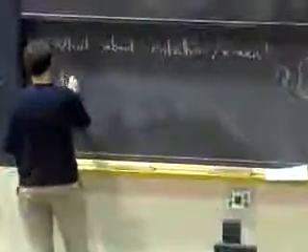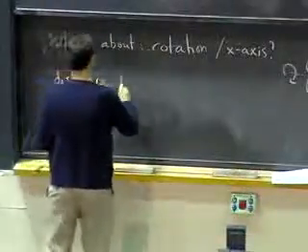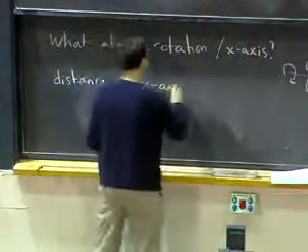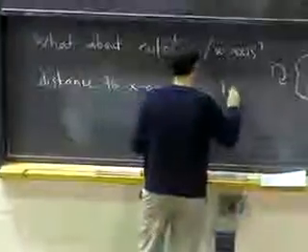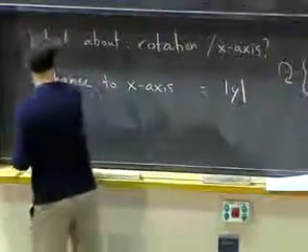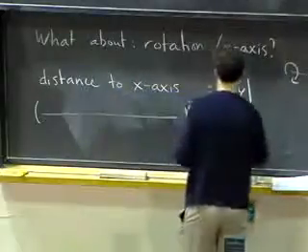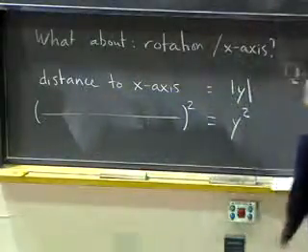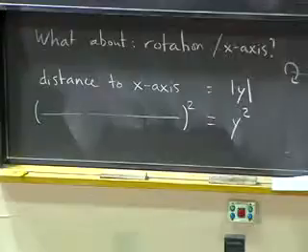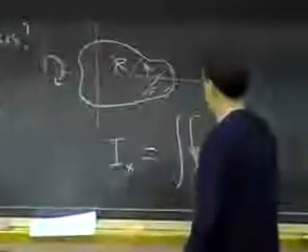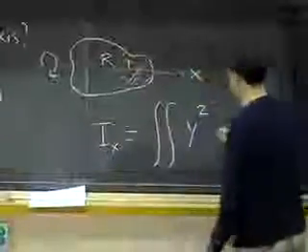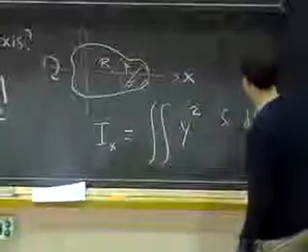Okay, so distance to x-axis is absolute value of y, and what we actually care about is the square of the distance. So that will just be y squared. So the moment of inertia about the x-axis is going to be obtained by integrating y squared times the mass element.